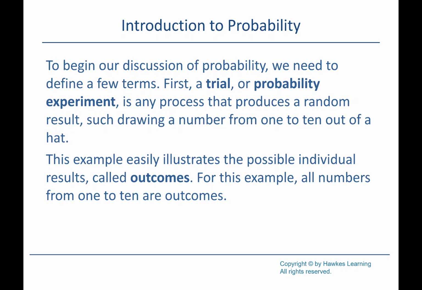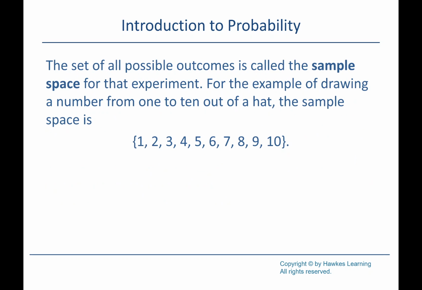Okay. So the first thing we kind of want to focus on here, in this section we're listing. And we want to be able to list out all the possible outcomes of a probability experiment. So that's what we call the sample space. Okay, so if we go back to our example of drawing a number 1 through 10 out of a hat, if we've got all those numbers in the hat, then our possible outcomes is either we draw a 1, we draw a 2, or a 3, or a 4, all the way up to 10.